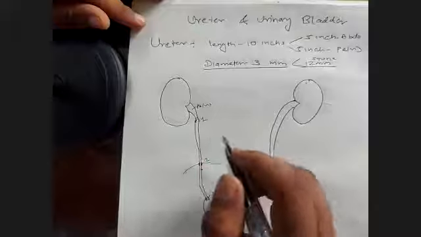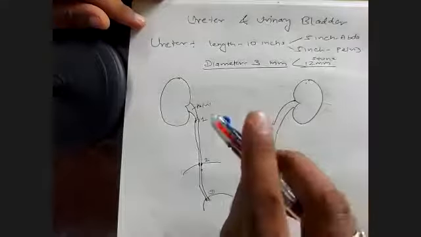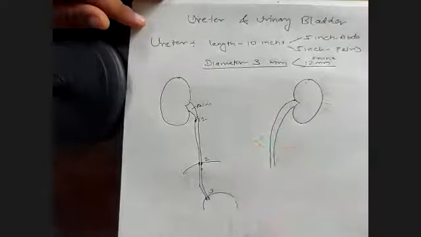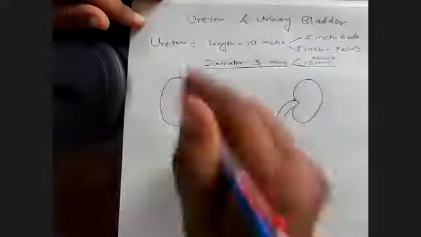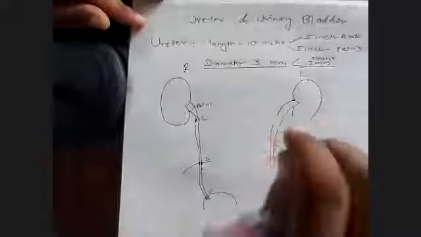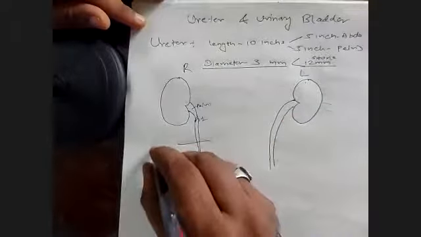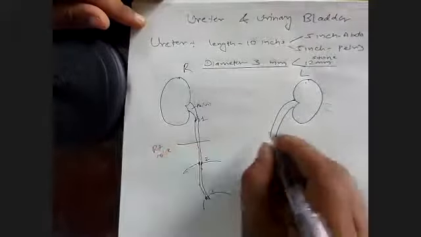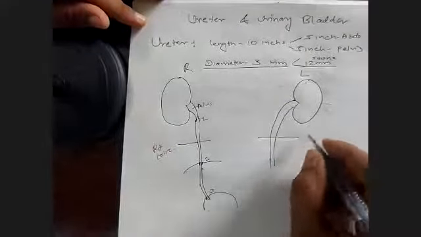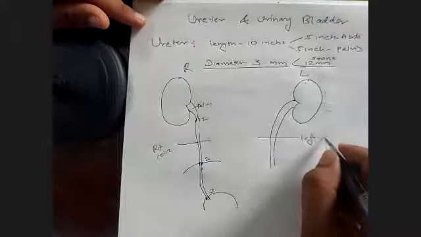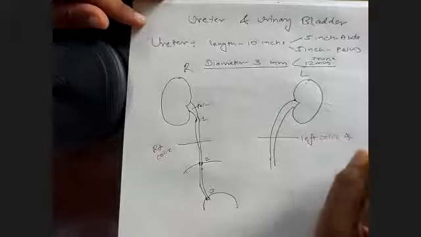So how to remember the relations? Right side and left side, very easy if you can relate. There is the right colic artery anteriorly here, and here there is the left colic artery. So one colic artery has an anterior relation.